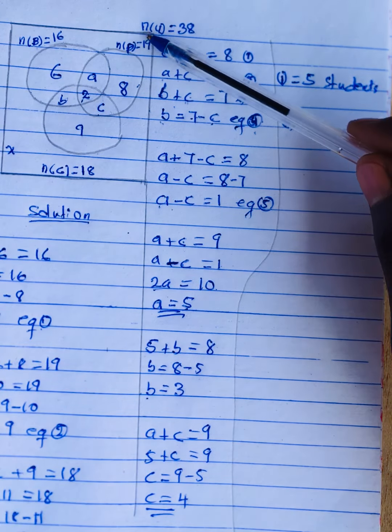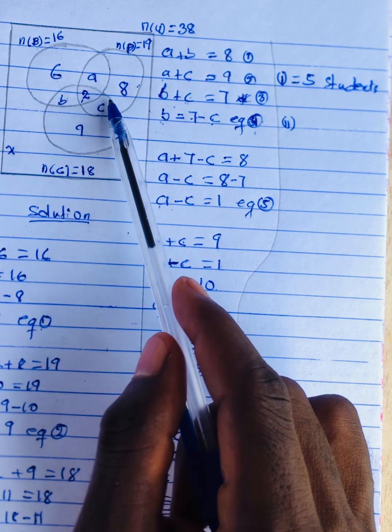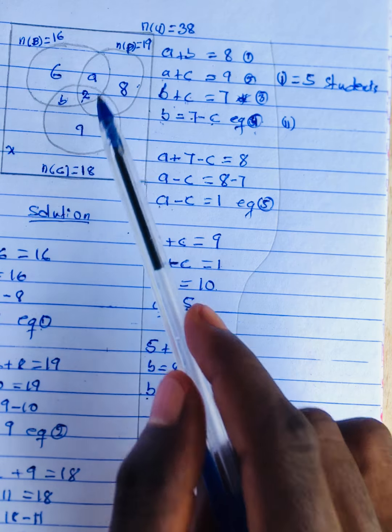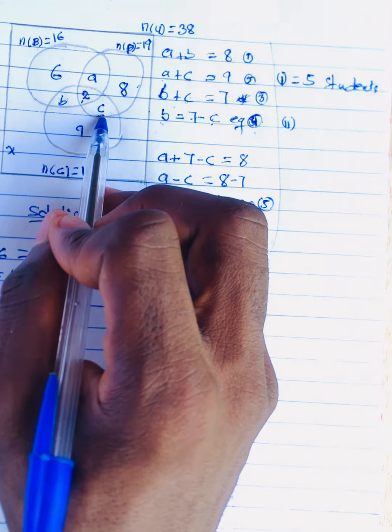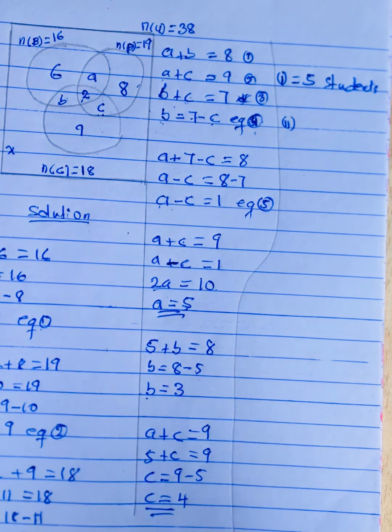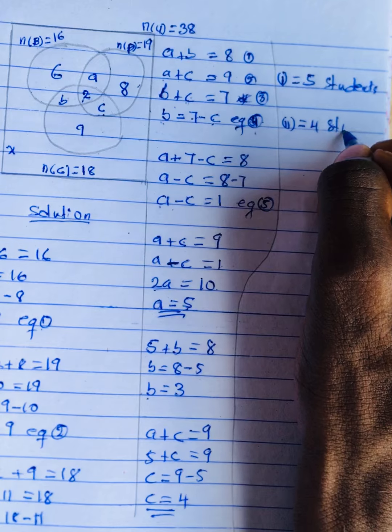So physics intersection chemistry only is this aspect alone, because this aspect alone belong to chemistry and belong to physics at the same time. So the number that we have there is C, but the value of C is 4. So the students that study physics and chemistry only is 4 students.